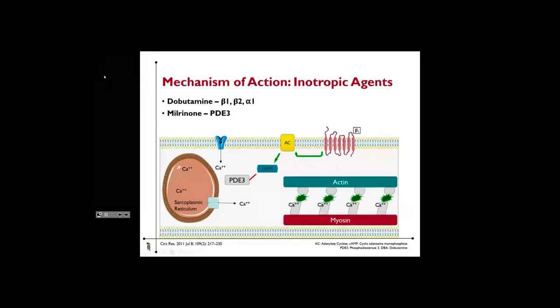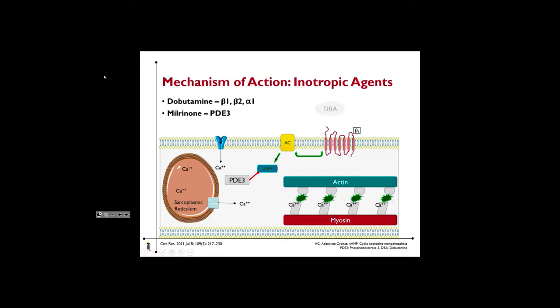There is also phosphodiesterase 3, an enzyme within the cardiac myocyte that regulates some of this cyclic AMP concentration as well. And this regulates just how often the cardiac myocyte contracts. So dobutamine is a beta-1 agonist, a beta-2 agonist, and also has some alpha-1 agonist activity as well.